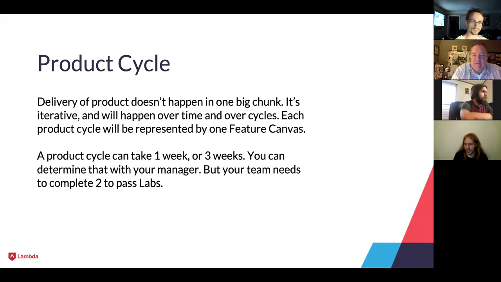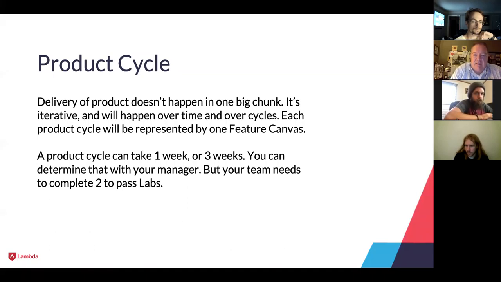And as we go through the labs, you'll be expected to produce at least 2 product canvases as part of your development, or preferably 3. But if you only get 2 and they're well done and they're fully functional, then that will pass.